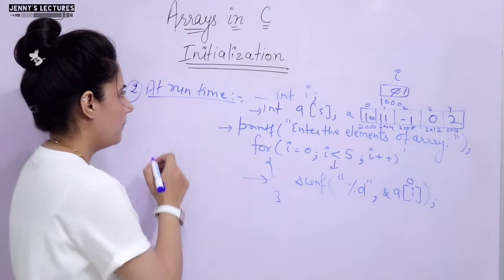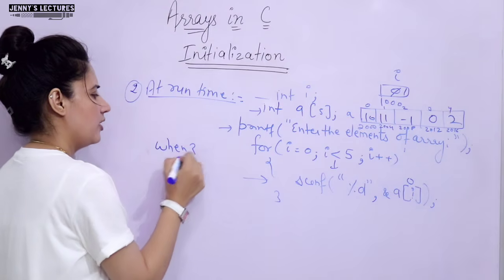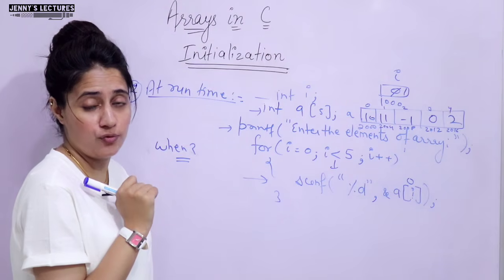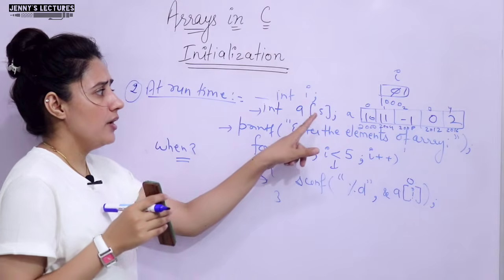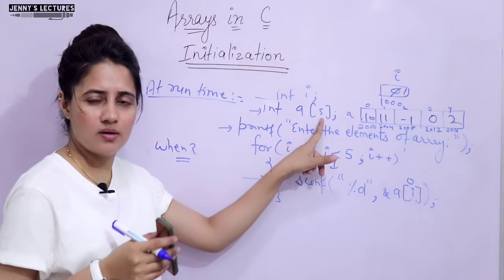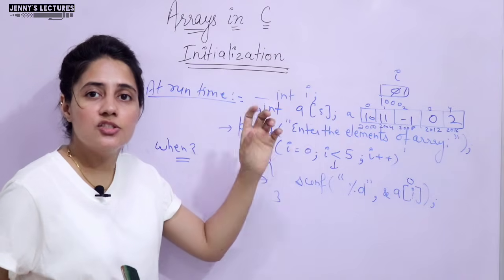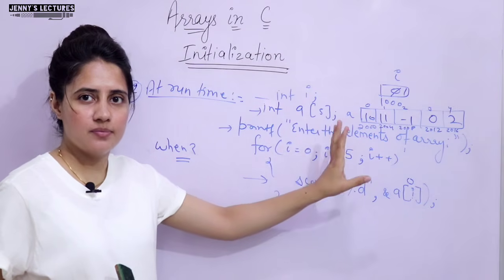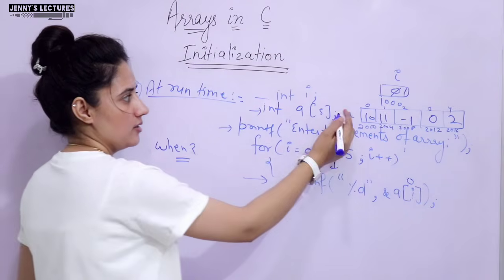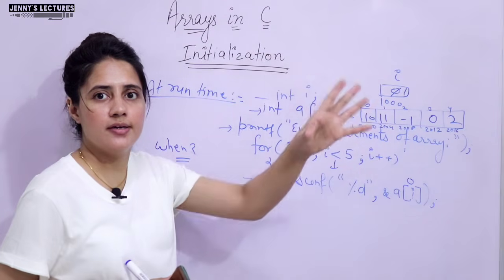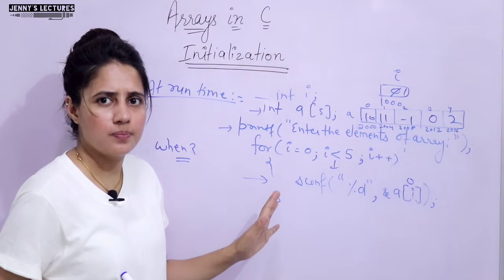Now, when to use compile time initialization and when to use runtime initialization, because we have two types of initialization of an array. See, if the size is very small, like 5 or 10, we can initialize that at compile time. It's very easy to initialize it. int a[5] equals and you can write 5 data numbers, or you can write 10, that is fine.